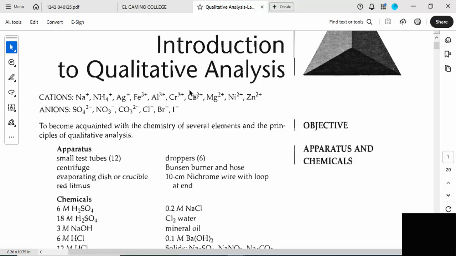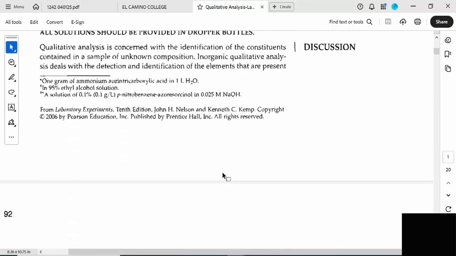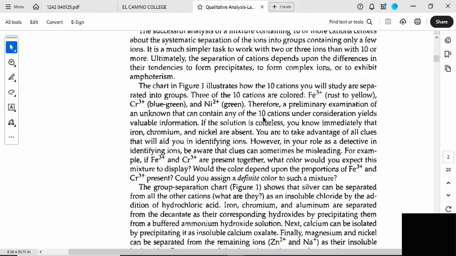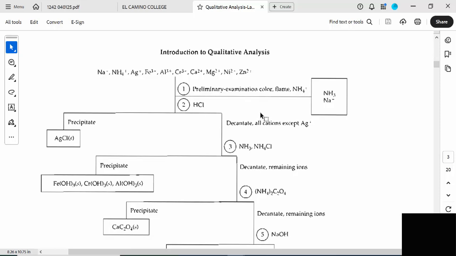This is the same type of qualitative analysis you've done probably in Chem 4, but it is quite a lengthy procedure. And so I wanted to talk about prepping for this. You'll probably want to prep for this to make the lab go more smoothly. And so you'll just read through the intro part here, and then we get to the procedure.